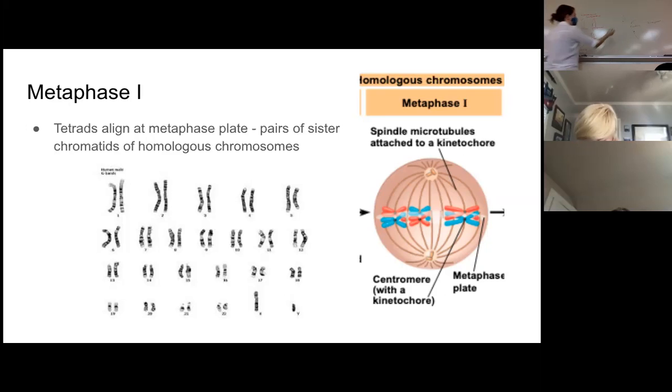In meiosis metaphase, your homologous chromosomes line up and pair up.